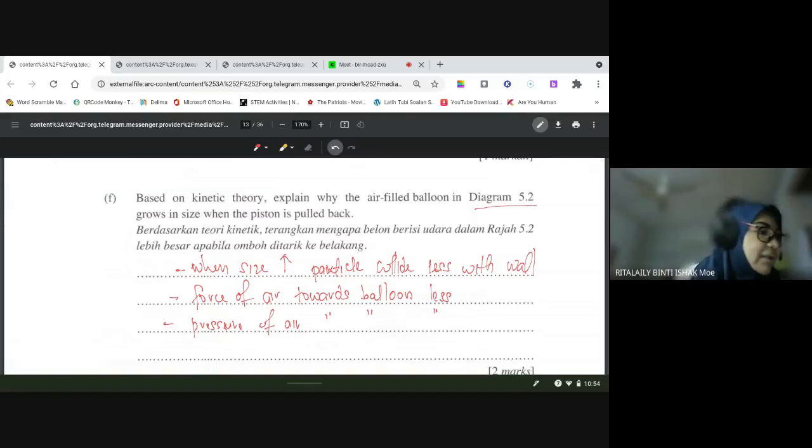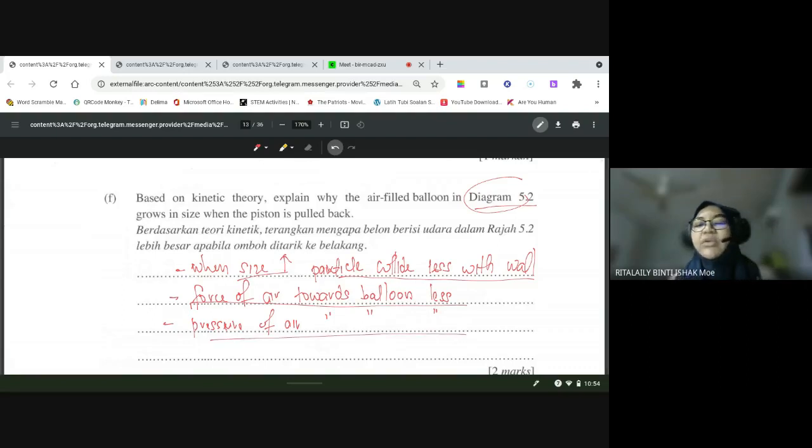Okay. So, dalam kes ini, diagram 5.2, size bigger. So, particle collide less. And then, kita cerita pasal air dekat dalam syringe di luar balloon. So, force of air towards balloon less or pressure of air towards balloon is less. Okay.